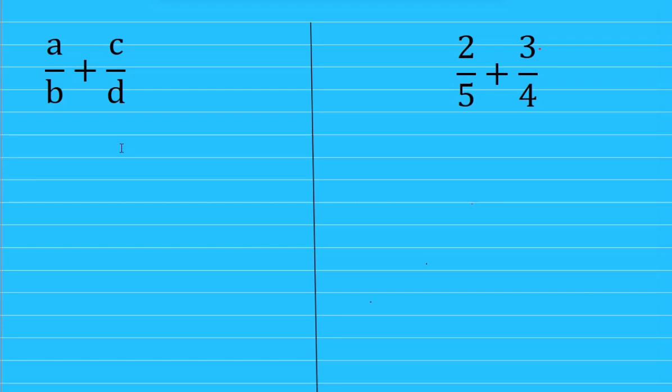So simply we cross multiply the expression here.